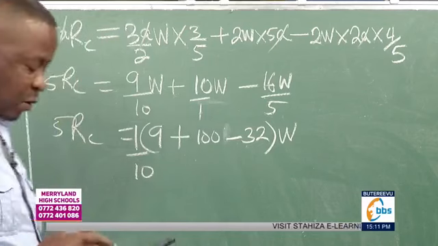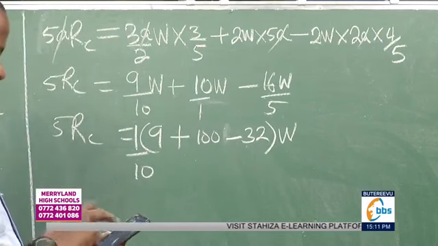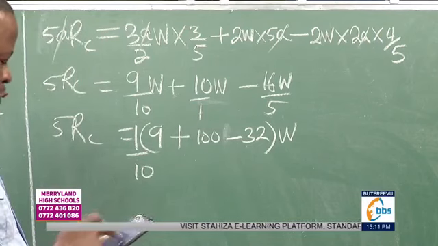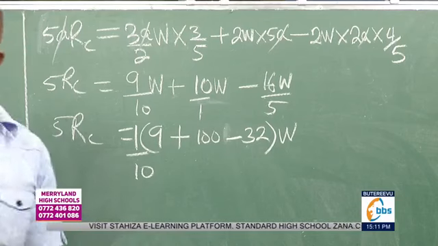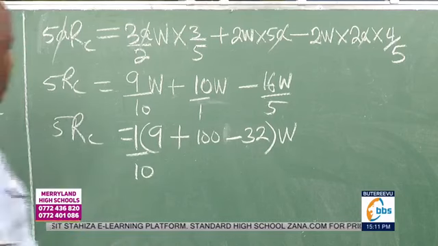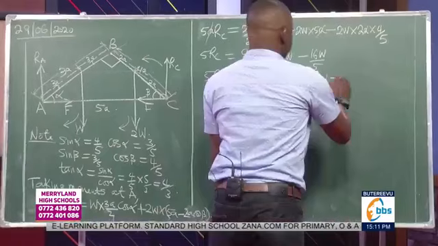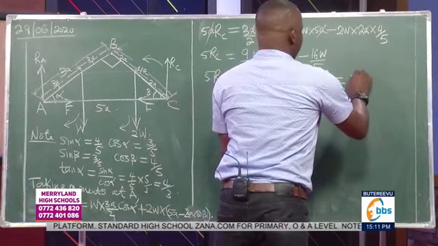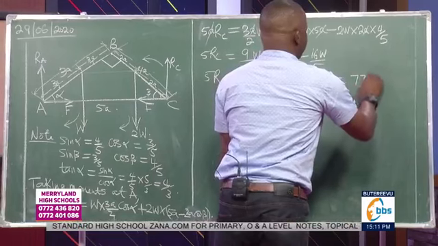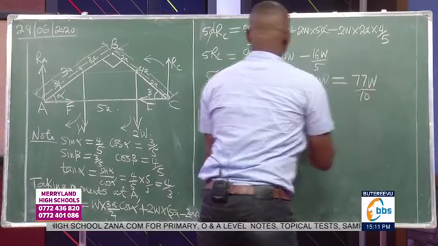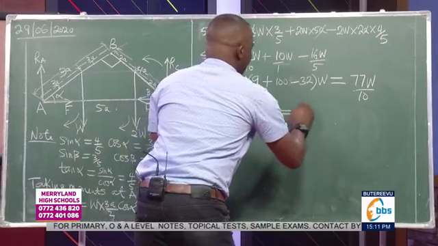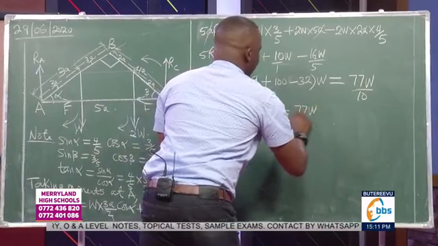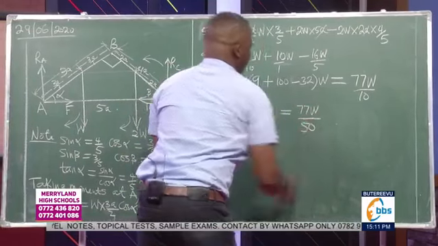Of course, for purposes of showing that we are working through, 109 minus 32 will give us 77. So I get 77W over 10, implying that I can finally say that RC will be 77W out of 50.